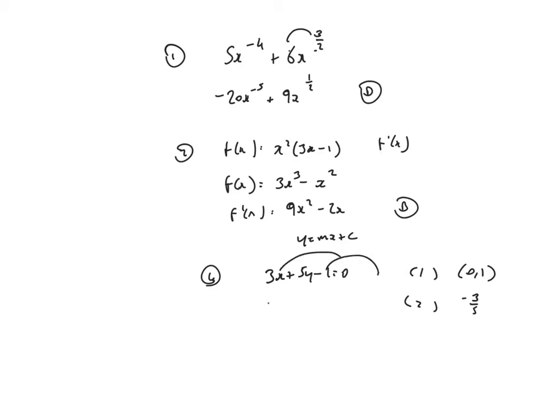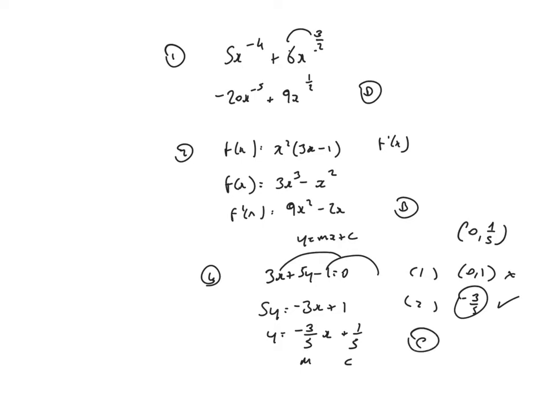Let's bring them across, and I've got 5y equals minus 3x plus 1. Divide through by 5, and that's minus 3/5 x plus 1 over 5. So there's c. The gradient is definitely minus 3/5, but the y-intercept is not (0, 1), it's actually (0, 1/5). So only statement 2 is true. Option C.